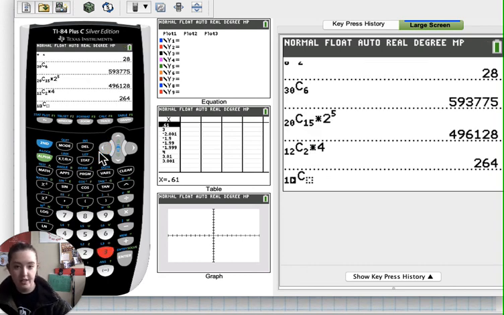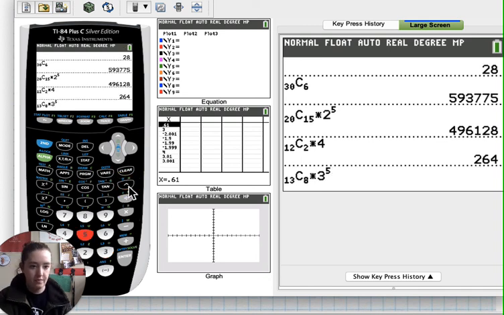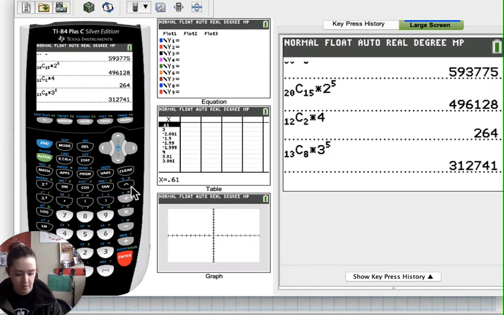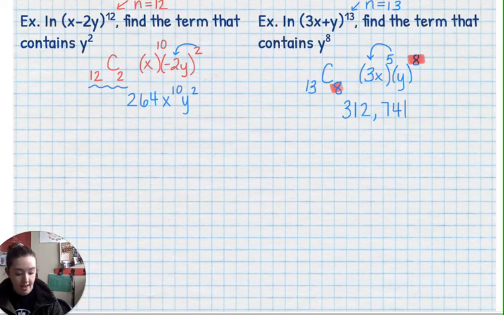And we have 13 choose 8 times 3 to the 5th power. And we'll get 312,741. And then we have x to the 5th power, y to the 8th power.